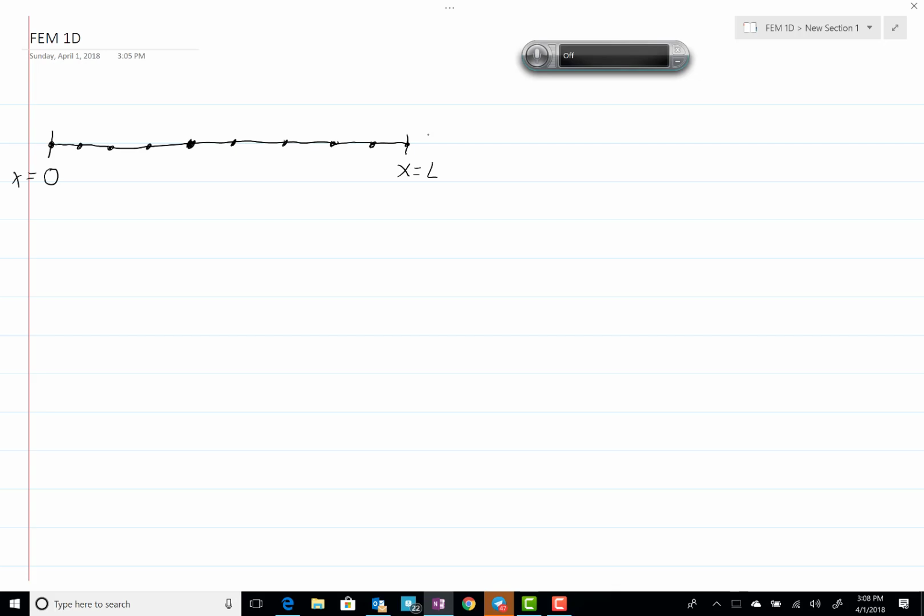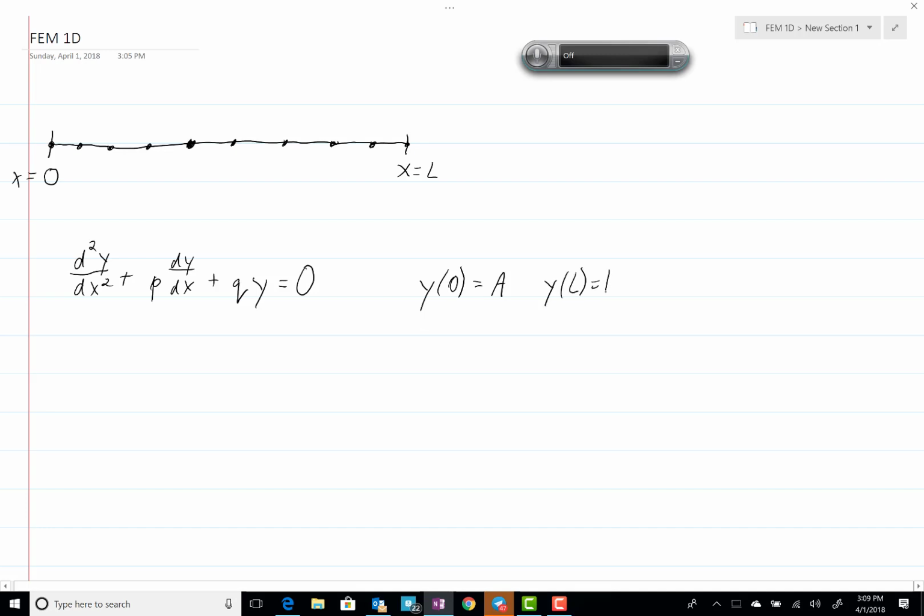Okay, so suppose that our differential equation is something like this: d squared y dx squared plus p dy dx plus qy is equal to 0, with the boundary conditions y of 0 is equal to a, and maybe y of L equals b.